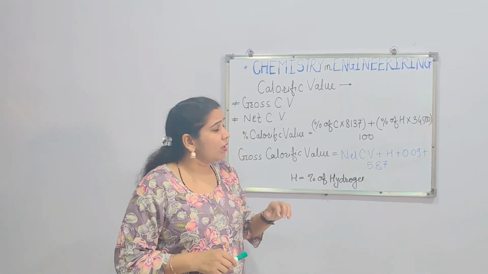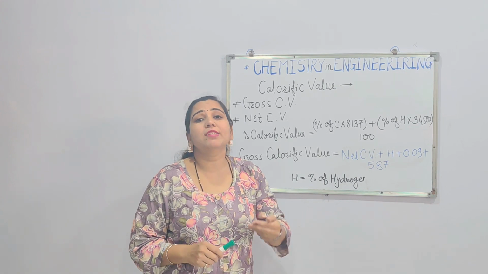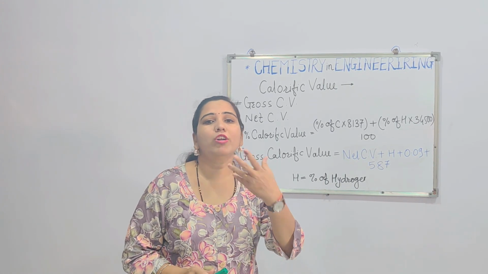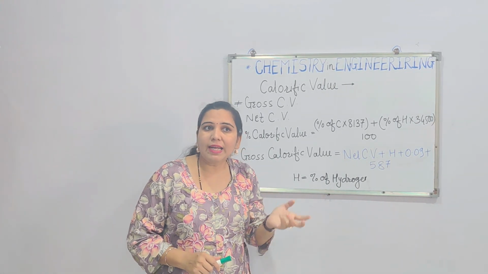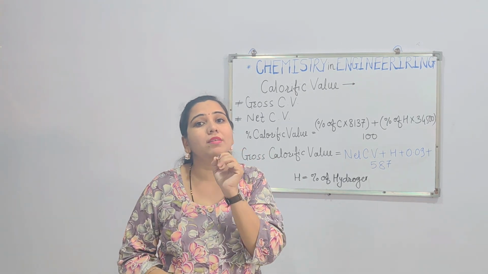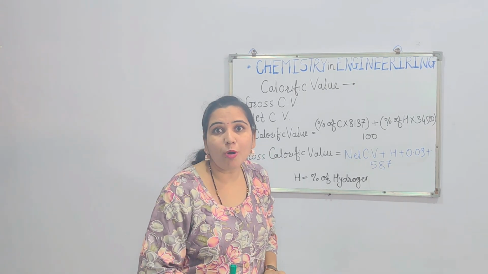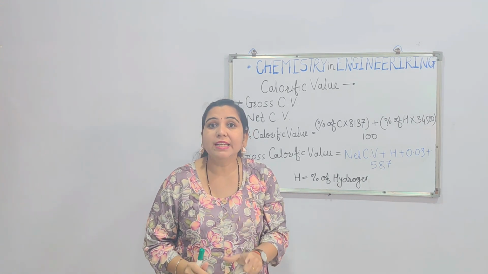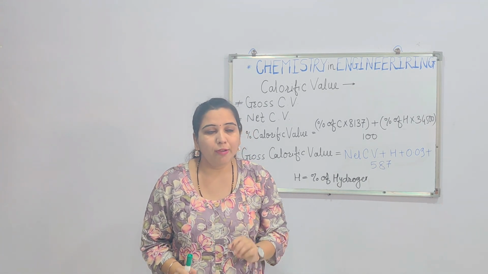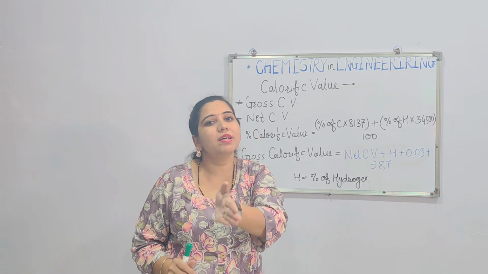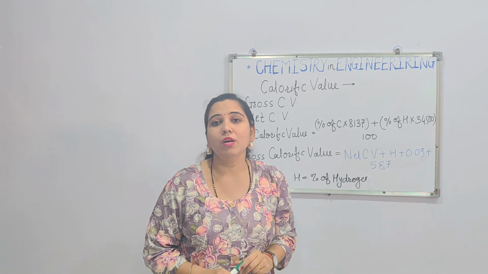Now in the case of liquids, for example petrol, gasoline or kerosene, we have to consider 1 ml or 1 dm cube of the liquid fuel. If it is a gas, we have to consider 1 unit volume of the substance.